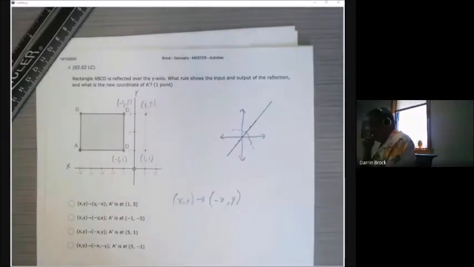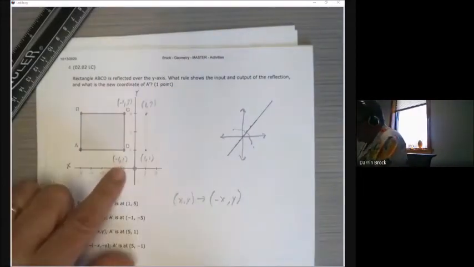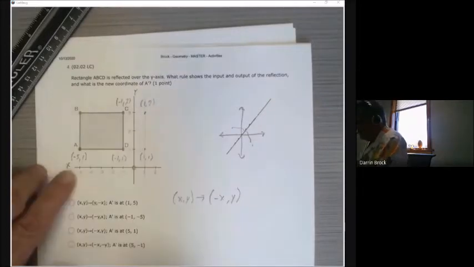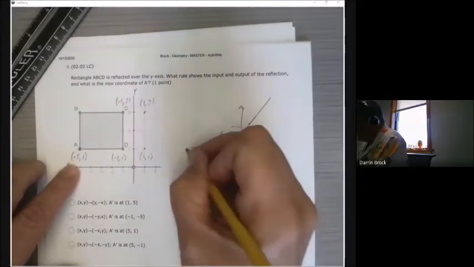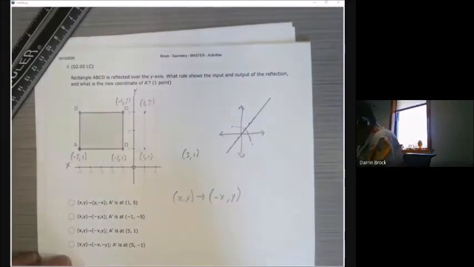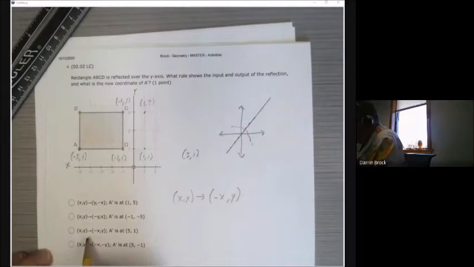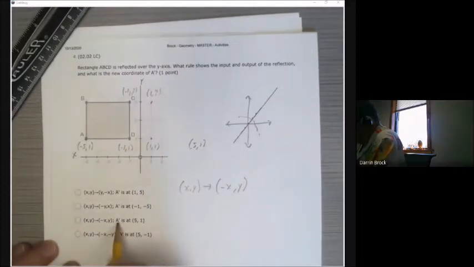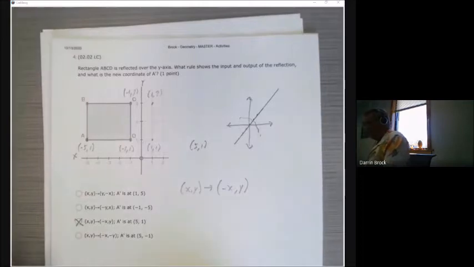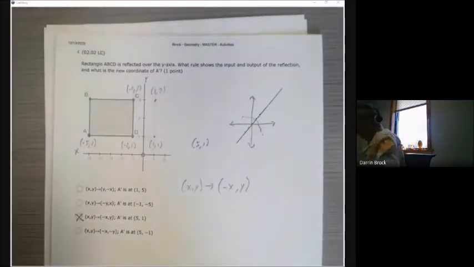So that's the rule that we're looking for. So if that's the rule, this is -5, 1. Over here, this would have to be 5, 1, because it just changes the sign. So right here's our option: (x, y) becomes (-x, y). A prime is at 5, 1. All right. That's how that's going to work.